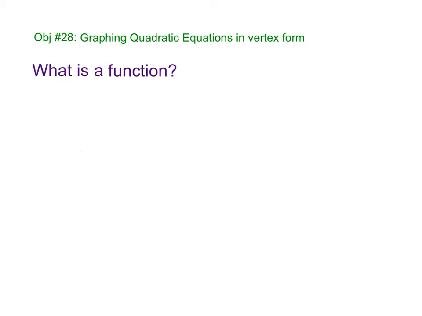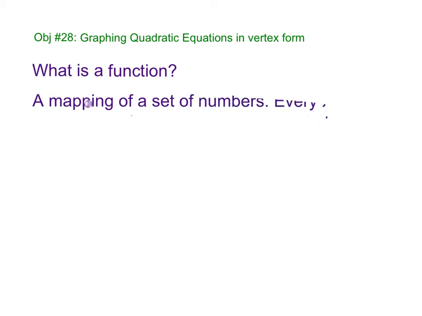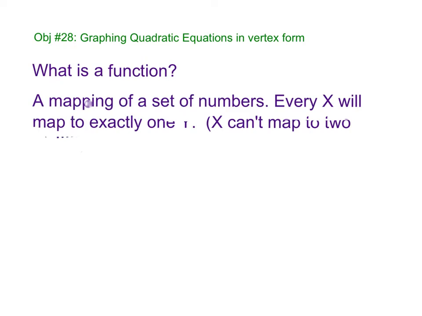Okay, so you learned this in middle school. We talked about it a little bit in Algebra 1. So what is a function? A function is a mapping of a set of numbers. Every x maps to exactly one y. x is not allowed to map to two y's. Okay.